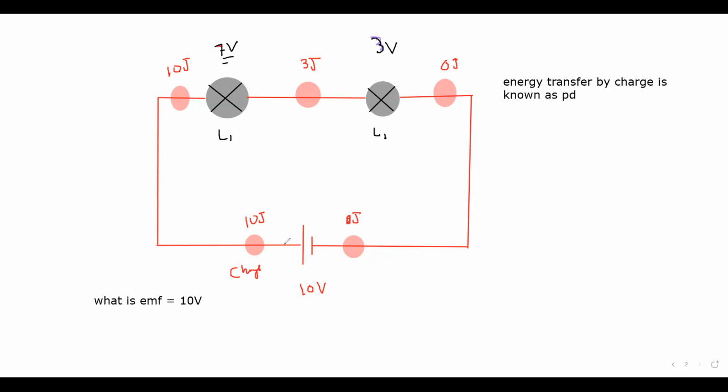So voltage is a common term which can be used for both EMF and potential difference. Is the concept clear, the difference between them?